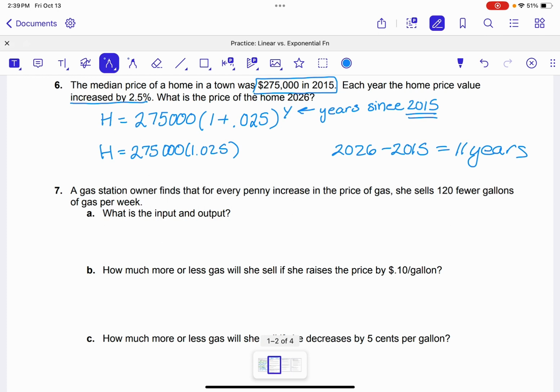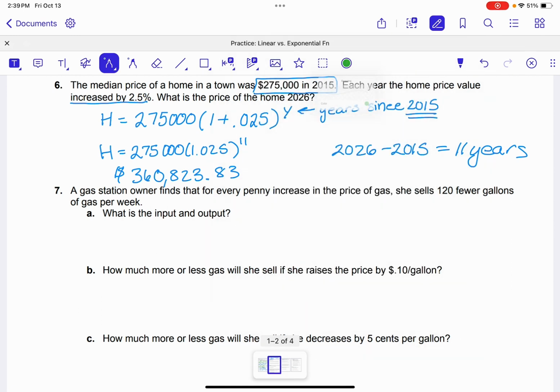I just added my two values in there. And then 11 years. And that does come out to approximately $360,823.83 would be the value of the home in 2026.